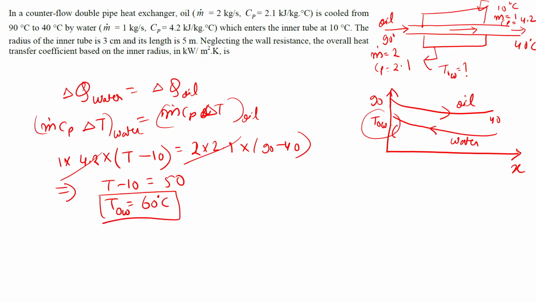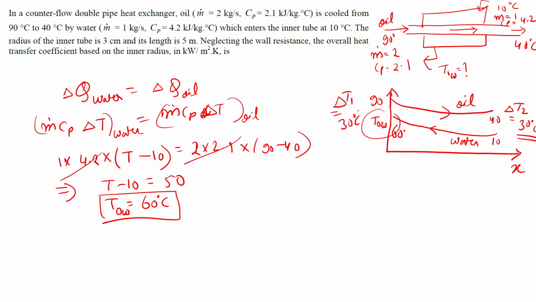So here this is 60 degrees Celsius and inlet was 10. So at the exit of the heat exchanger, the temperature difference is delta T2 is equal to 40 minus 10, it will become 30 degrees Celsius, and at the inlet it will become delta T1 is equal to 90 minus 60, that is 30 degrees Celsius.